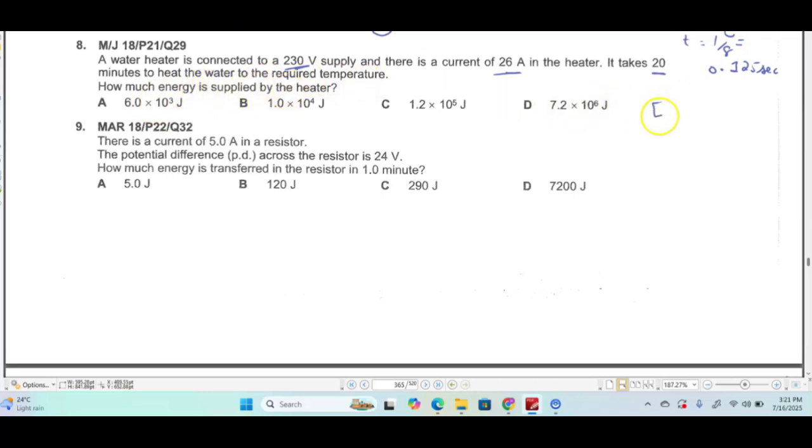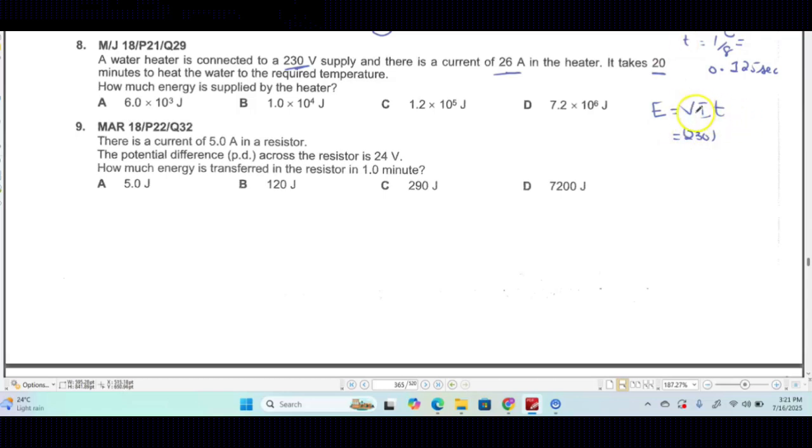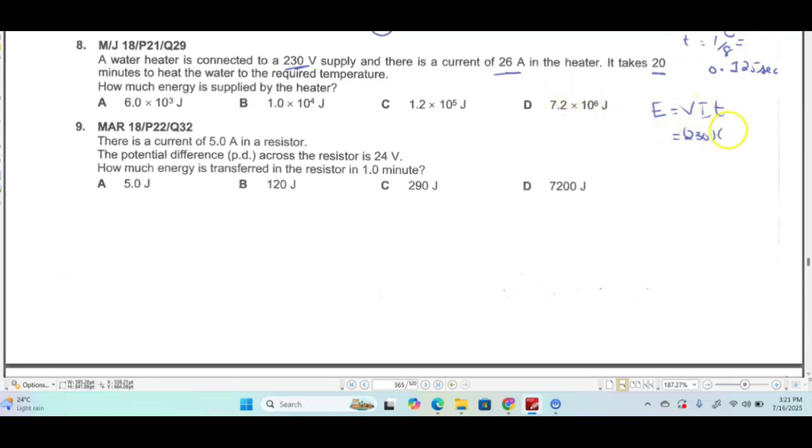Okay. We know that energy is equal to VIT since the question involves voltage, time and current. So we are going to use this. 230 volts is the voltage. 26 amperes is the current, and 20 minutes we have to convert into seconds.